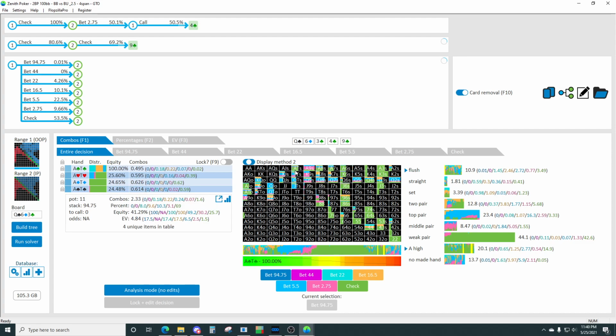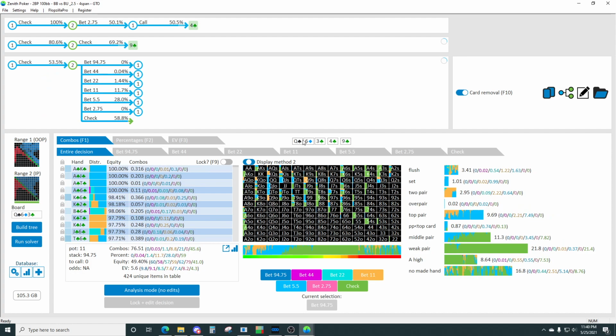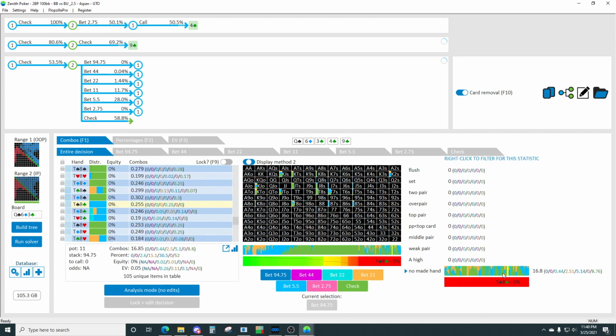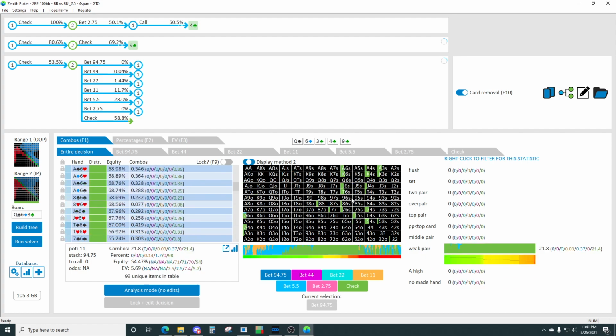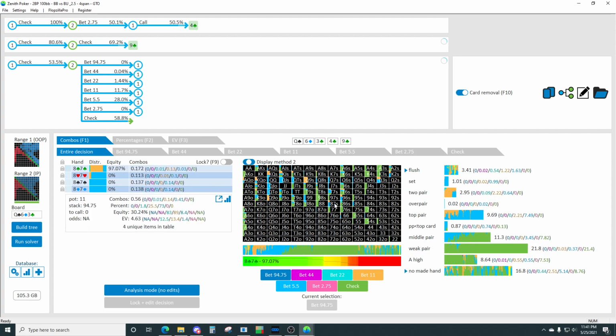That should tell you something about the quality of run out. And if you look in the check line, you can see tons of air checking back. Even 10 high is going to be checking back. Some 8 high stuff.